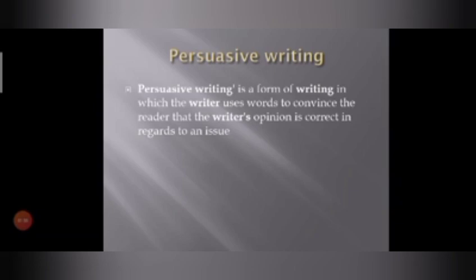Persuasive writing is a great formula to sound arguments and distribute them to the public. It also provides an opportunity to convince someone to adopt a particular point of view.